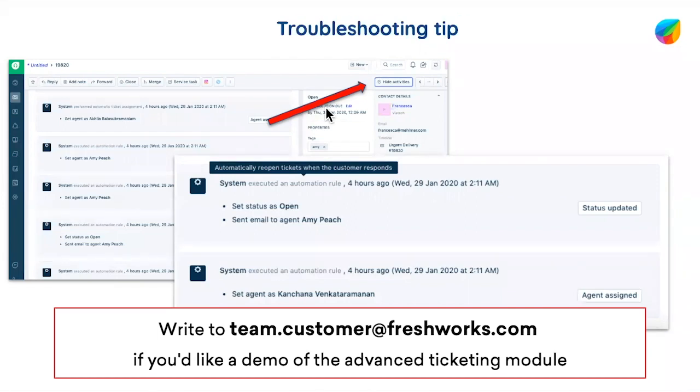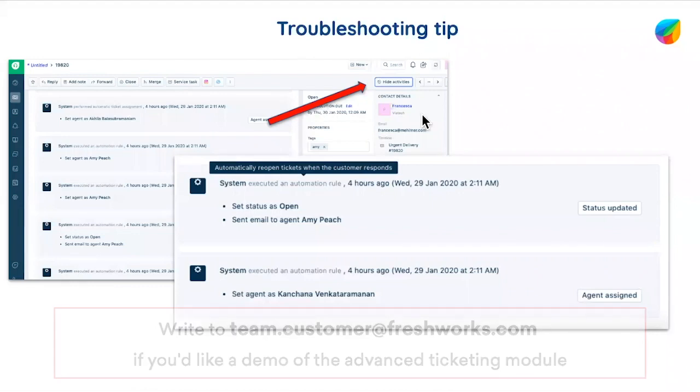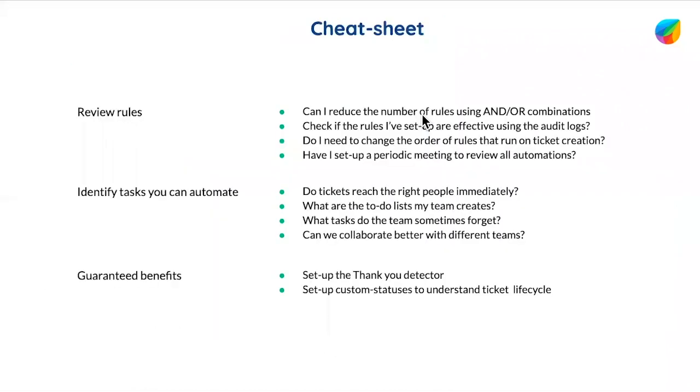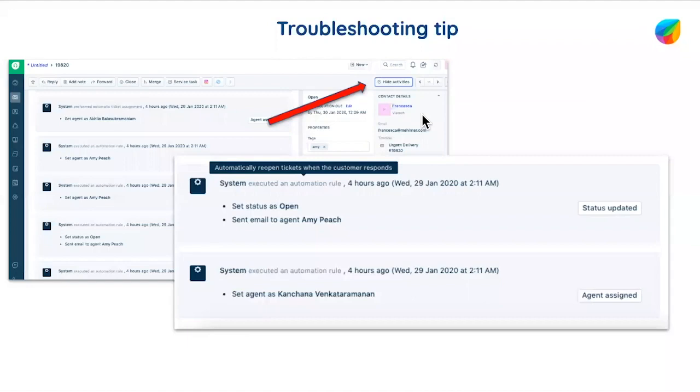Brilliant. Now, since we were talking about modifying, adding rules or changing them, here's a quick tip to help you troubleshoot. On a ticket, on the top right, you'll find a button that says Show Activities. If you click on that, Freshdesk will give you a list of every single activity that's happened on a ticket. It'll tell you, hey, a customer wrote to me, an agent has replied, and an automation has fired on it.